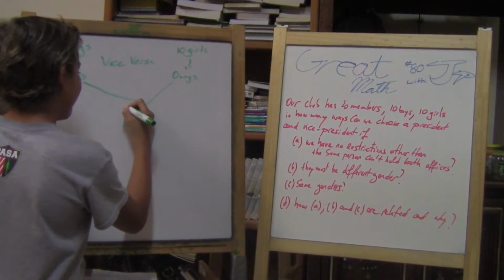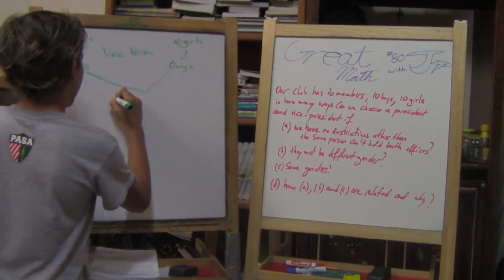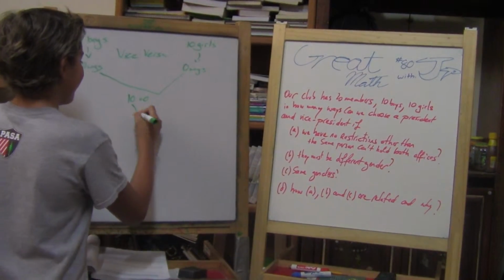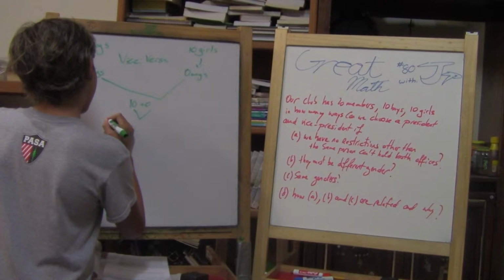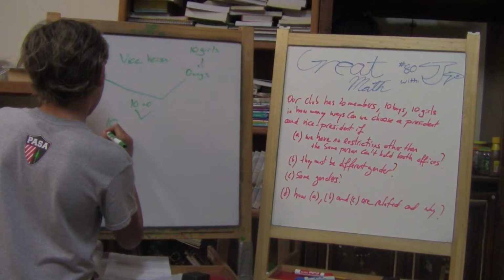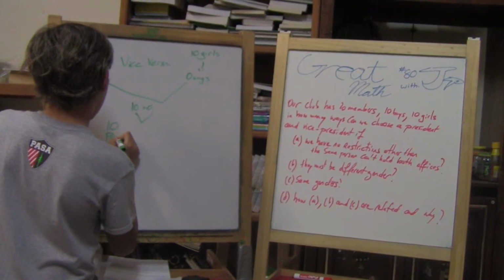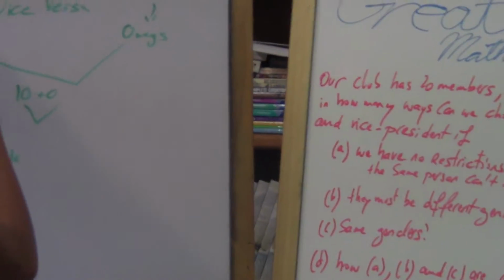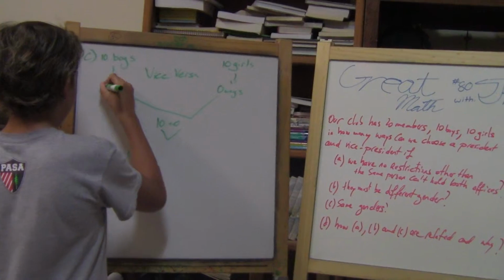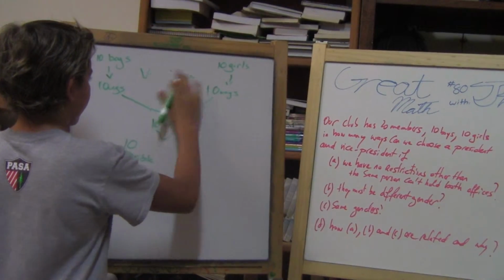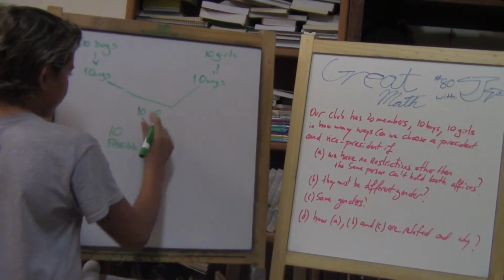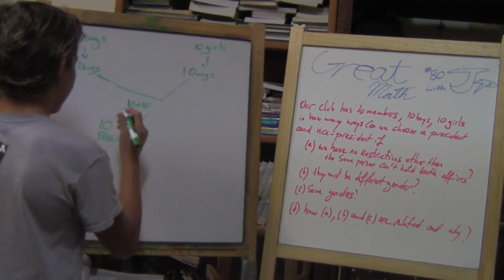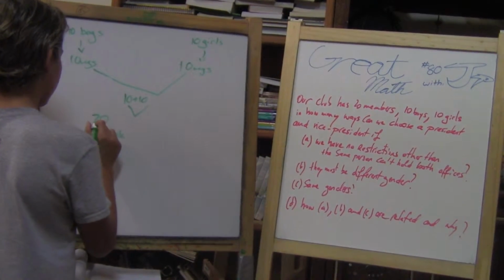Okay, anyway, once we have it, we have 10 plus 0. What do you think? 10 plus 0, and you get 10 possibilities. Actually, no, wait. There is still 10. Never mind. There is still 10 ways, 10 and 10. So there's 20 possible for president.